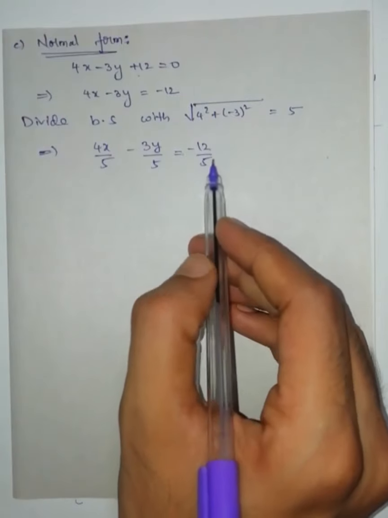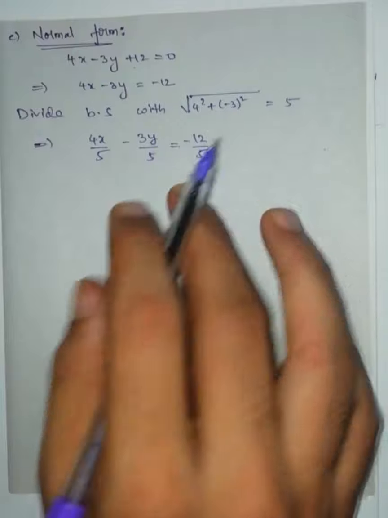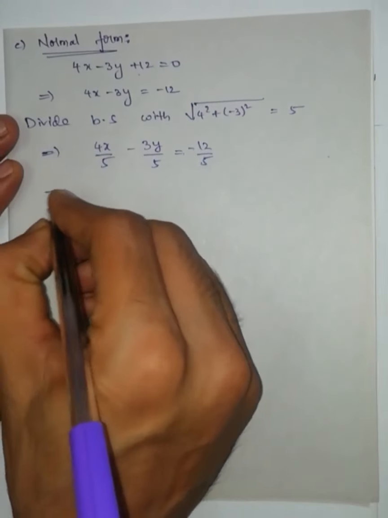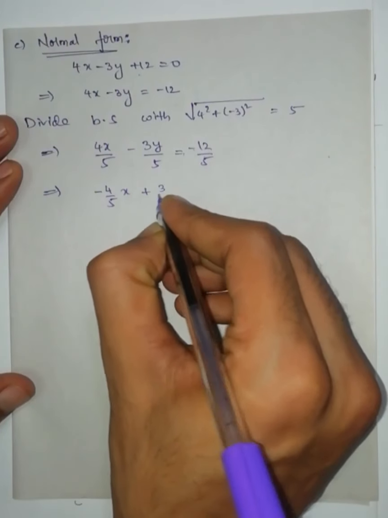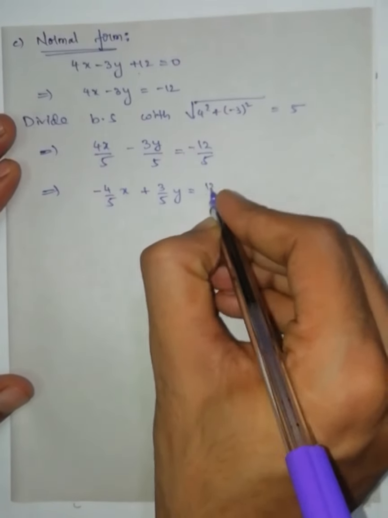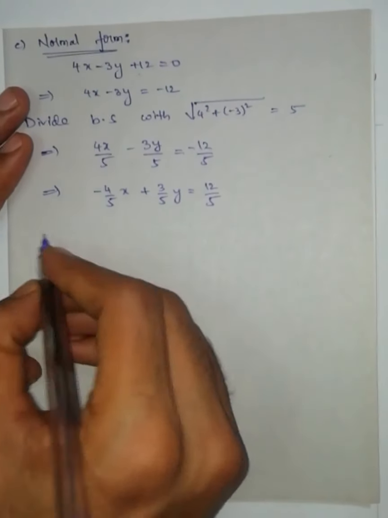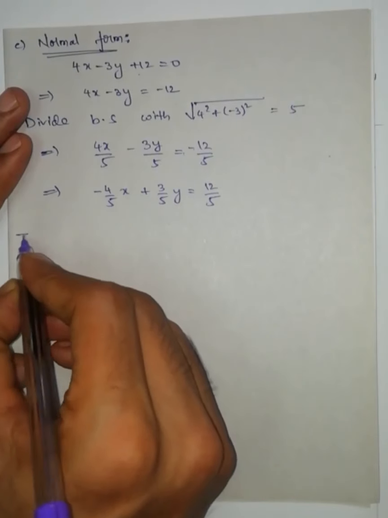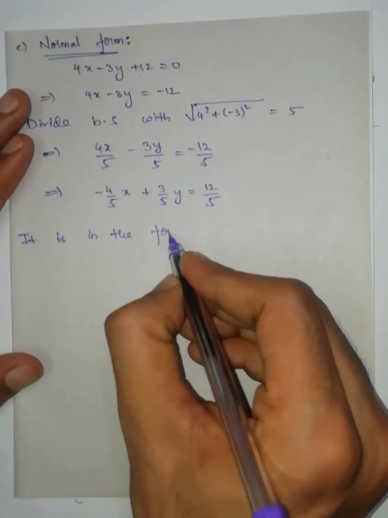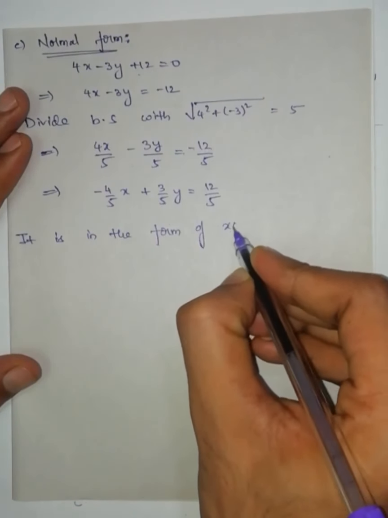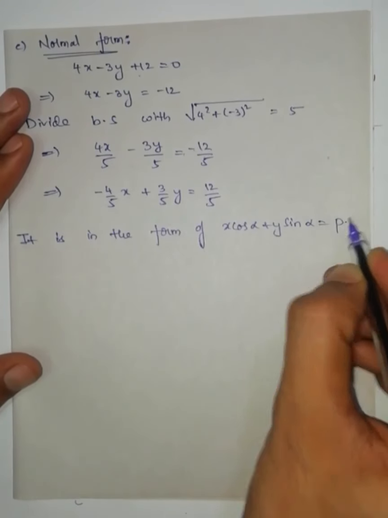Since in the right hand side we have to get a non-negative value, I am going to multiply by minus on both sides. So what you will get here? Minus 4 by 5 x plus 3 by 5 y is equal to 12 by 5. Therefore it is in the form of x cos alpha plus y sin alpha is equal to p.